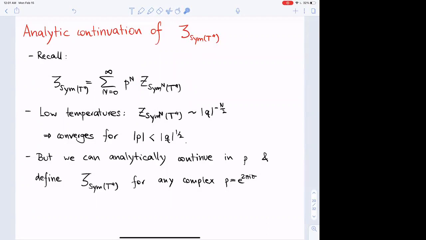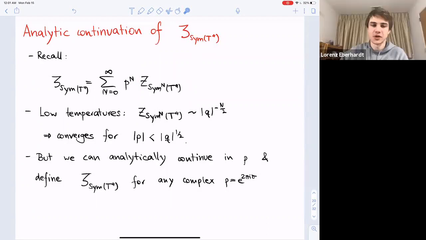What's confusing from the gravity perspective, which we were already getting at before, is that the central charge in gravity is usually something like 3L over 2G. So in this sum, you either have to sum over bulks with different size or with different Newton constants, and that's confusing from the gravity perspective.